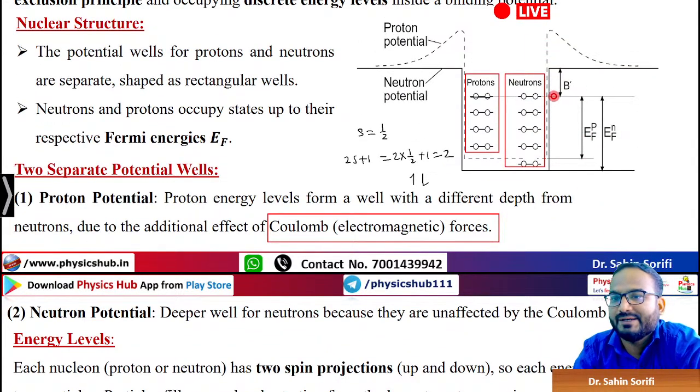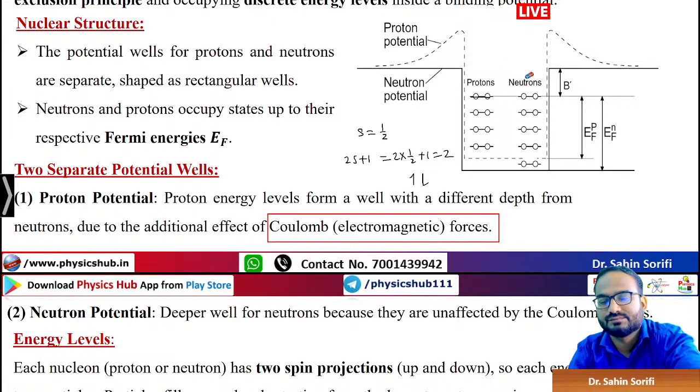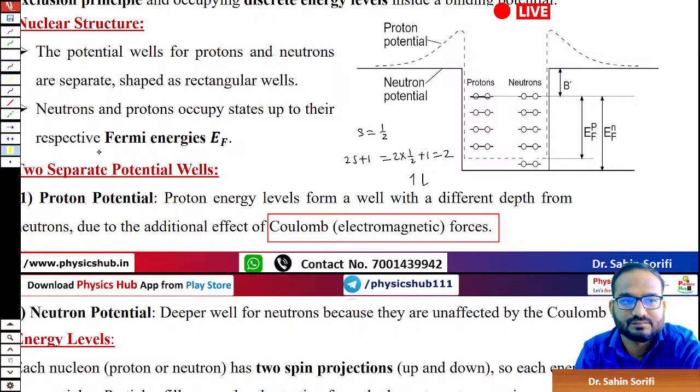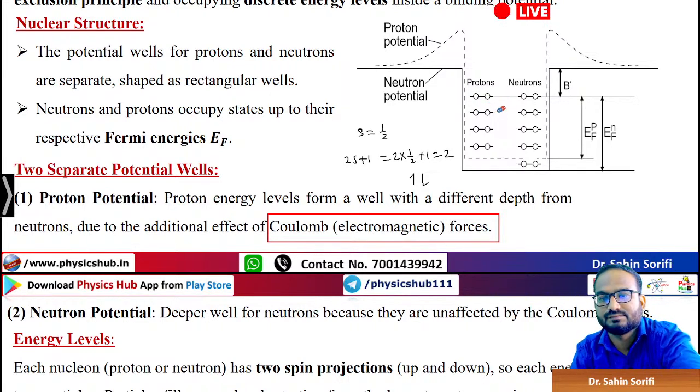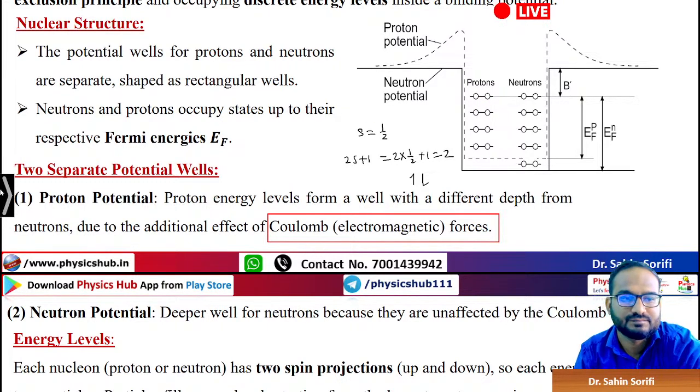Now carefully look at this, this is the Fermi energy level, as you can see along this line.